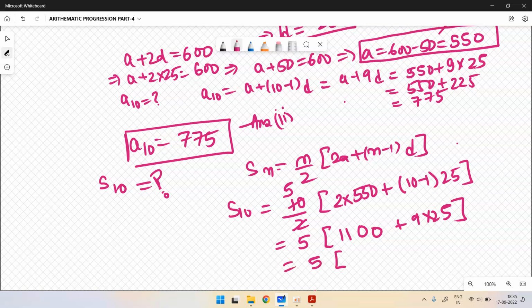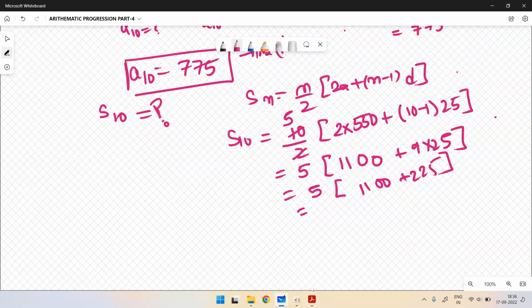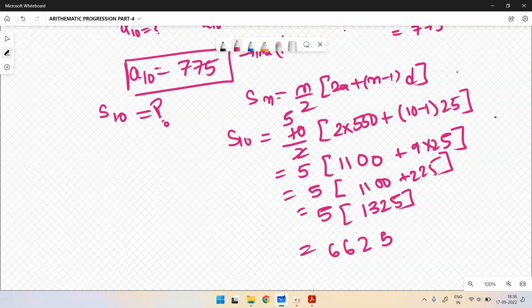This is 1325. 5 into 1325 is 6625. So S of 10 is 6625.